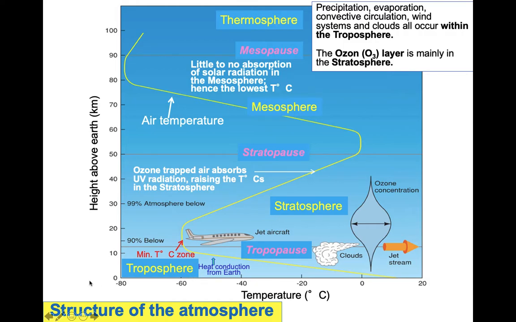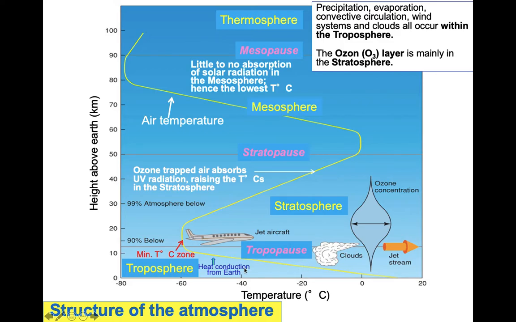We will talk about the structure of the atmosphere a little bit at this point to better understand how the atmosphere functions. So we're looking at a diagram here that shows the height above Earth. You can look at this also as the thickness of the atmosphere going from the surface of the Earth higher into the sky in terms of kilometers, and the horizontal axis is the temperature in degrees Celsius, going from minus 80 degrees Celsius on the left to plus 20 degrees Celsius on the right hand side.